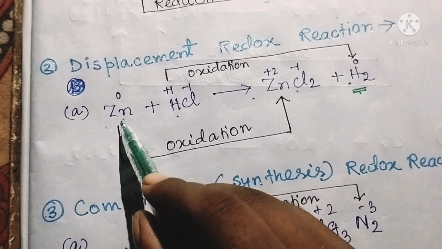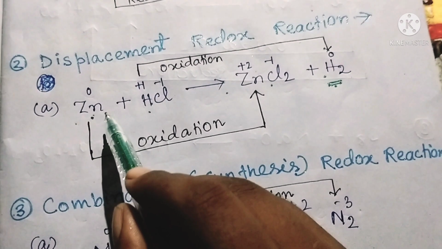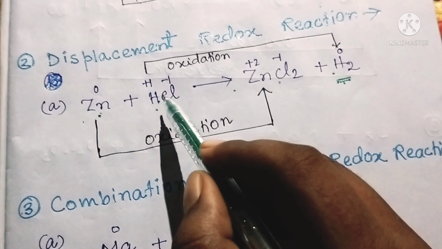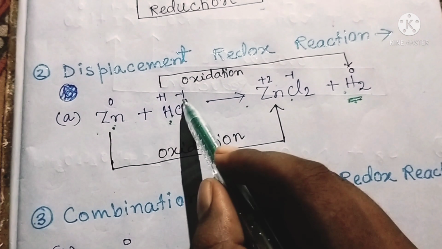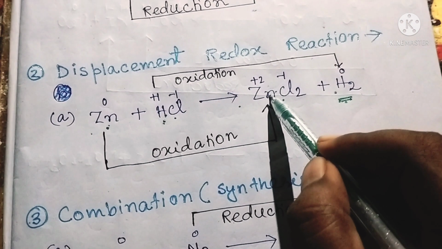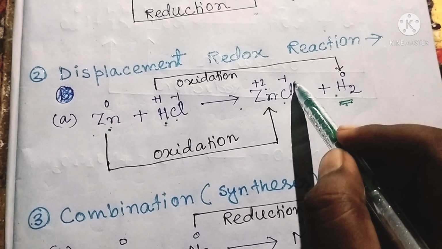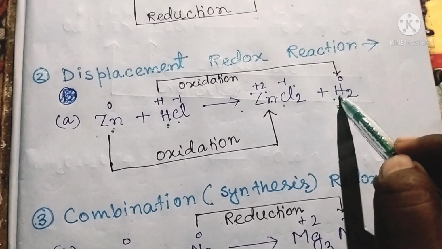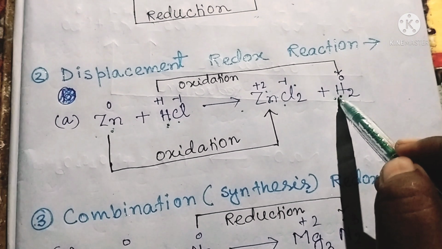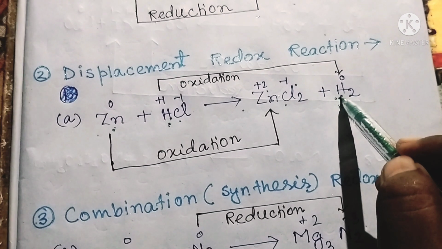The oxidation state of Zn is 0 because Zn is in elemental state. The oxidation state of hydrogen is +1 and chlorine is -1. Here the oxidation state of Zn is +2 and chlorine is -1, and hydrogen is in elemental state, so its oxidation state is 0.